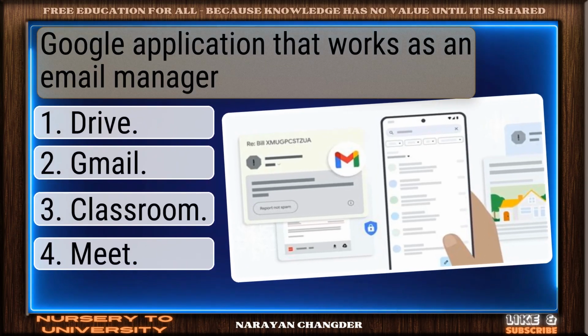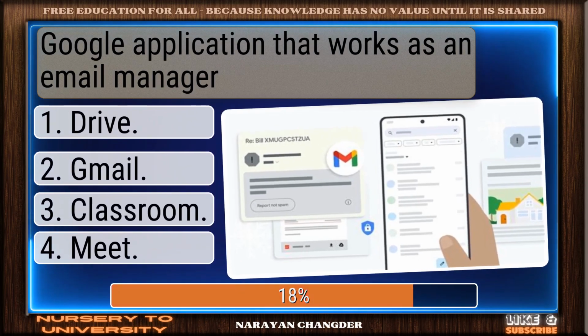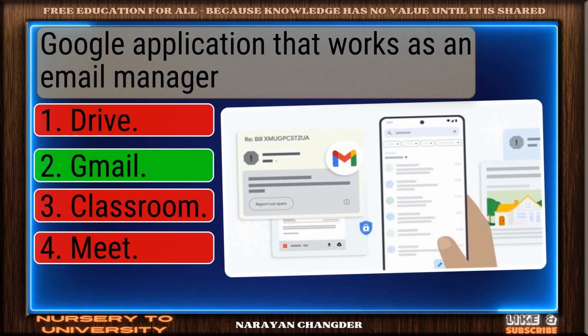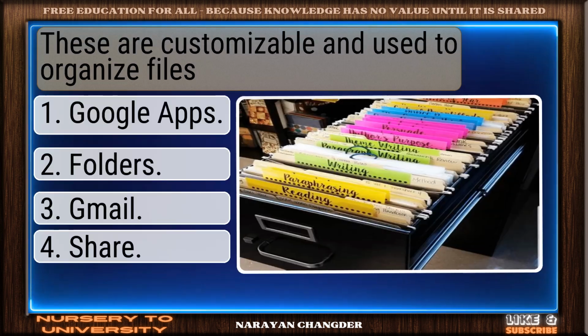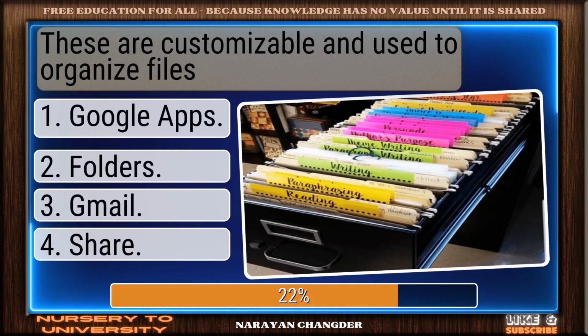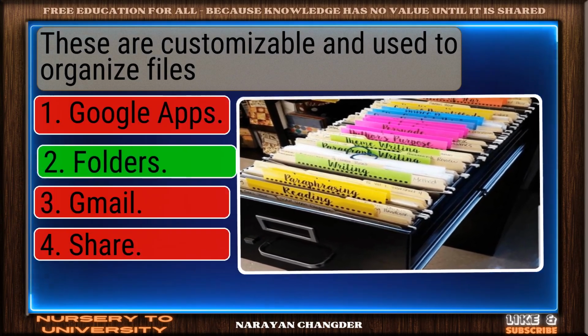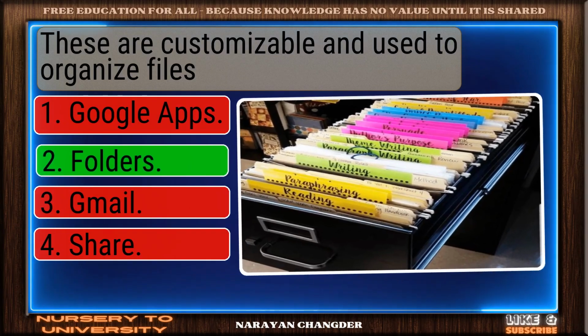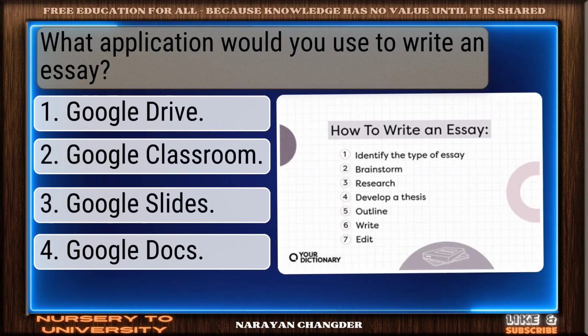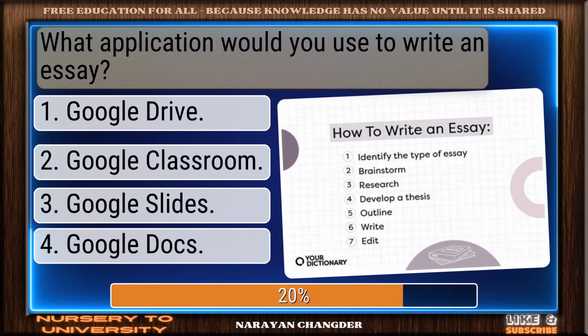Google application that works as an email manager. Smart pick. Gmail is the correct choice. These are customizable and used to organize files. Excellent choice. Folders is the right answer. What application would you use to write an essay?